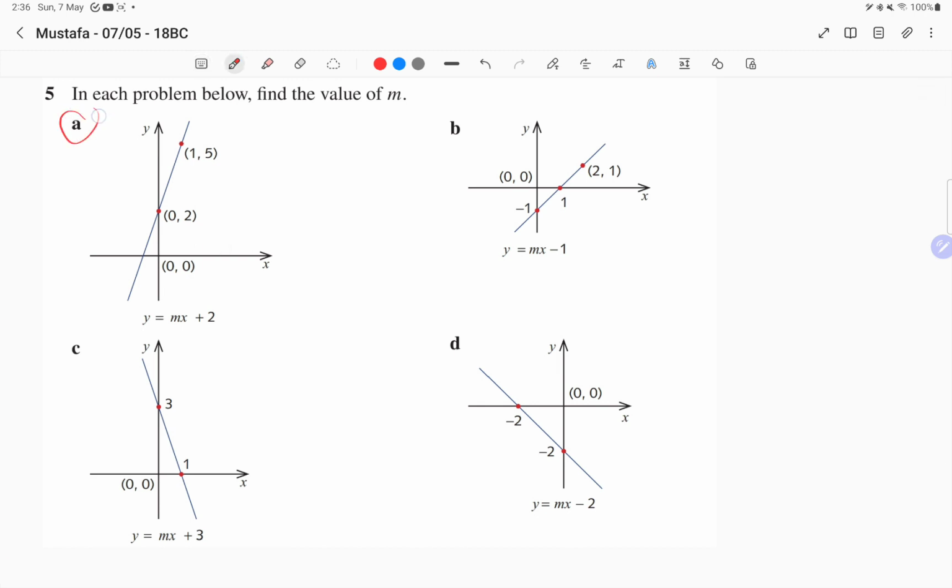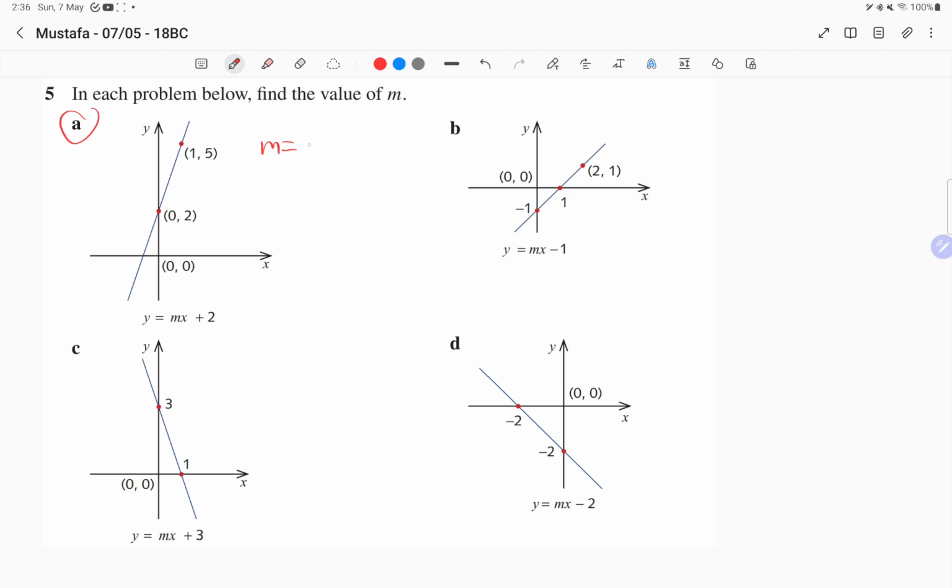Okay, 5a. Remember, what's the other way to find m? Yeah, so m is the gradient, so m equals, and then we do x2 and y2.